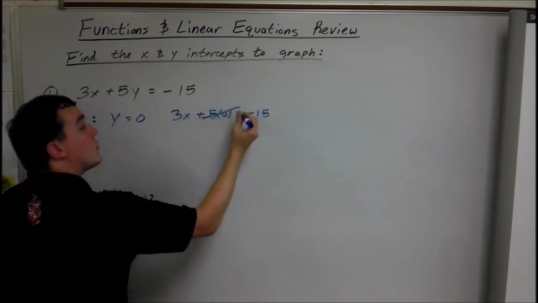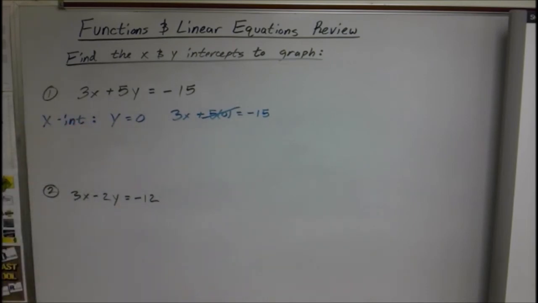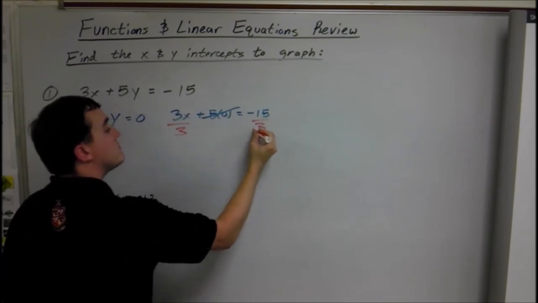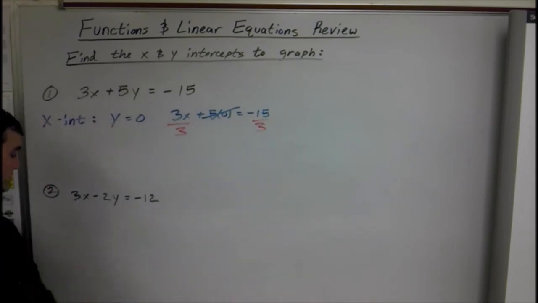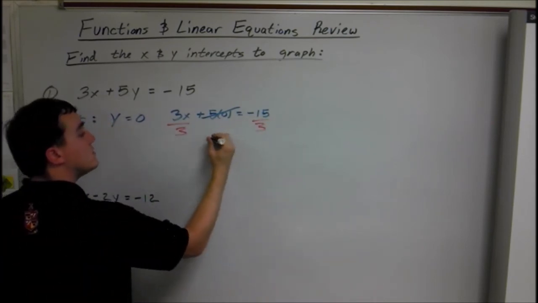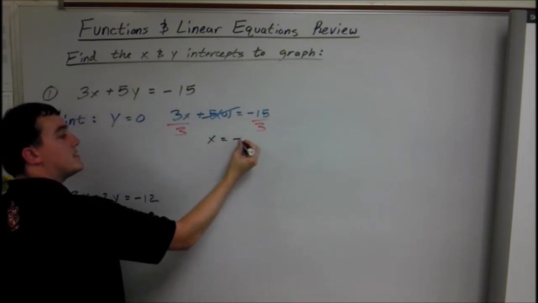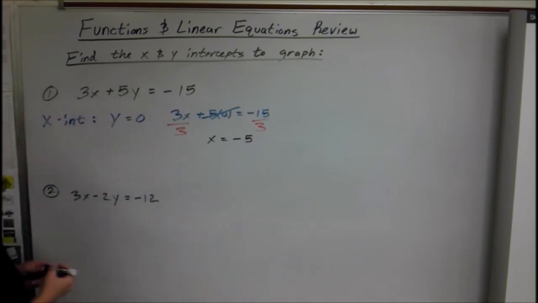We know that's going to go away. 5 times 0 is 0. So we divide by 3, and x equals negative 15 divided by 3, negative divided by positive is negative 5. So that's our x-intercept. That's where it hits the x-axis.